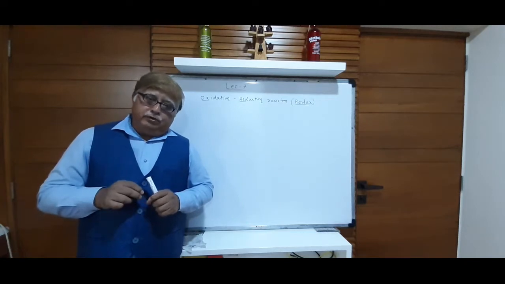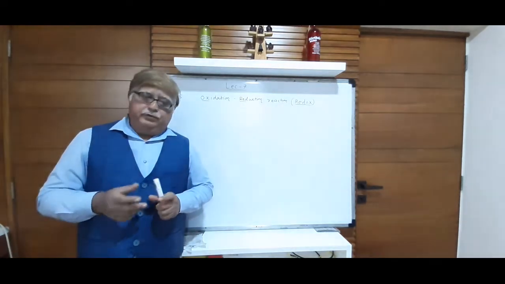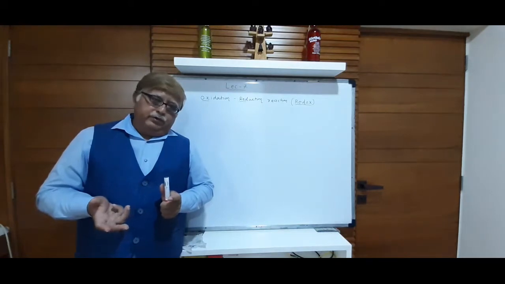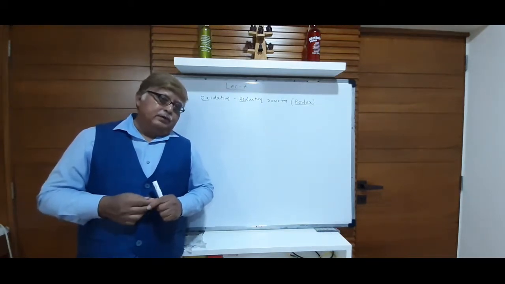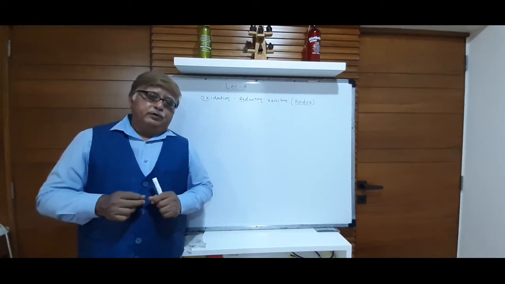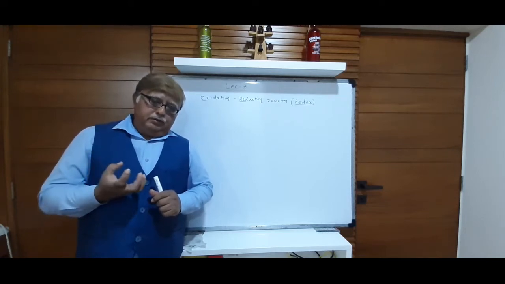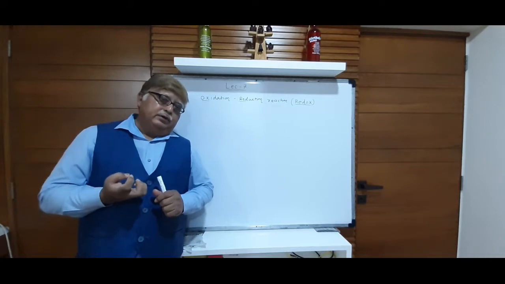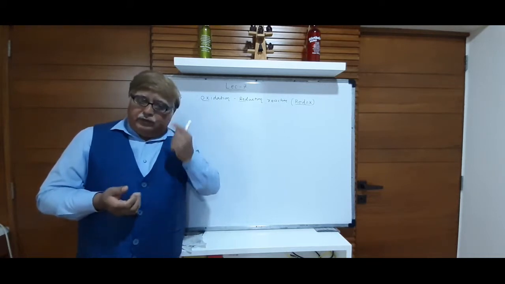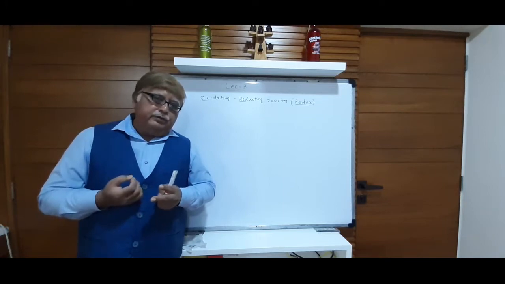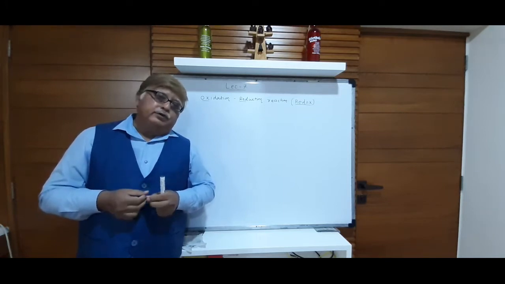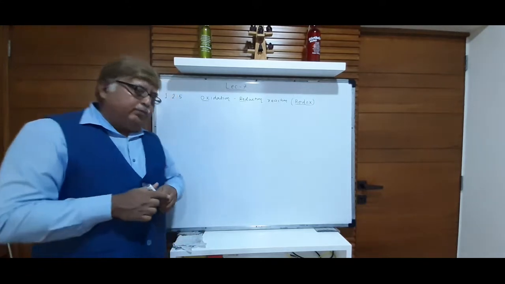And observe the color. Obviously, copper color, as you know, is reddish brown. Now what happens? If you keep copper powder, which is reddish brown in color, exposed to air for some time, what will you see on the copper powder?